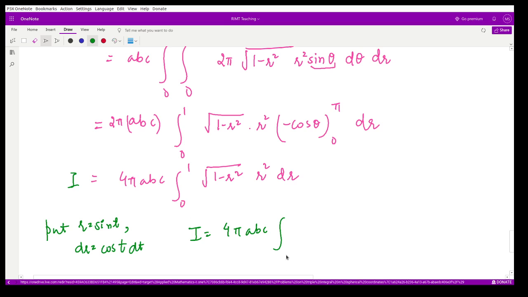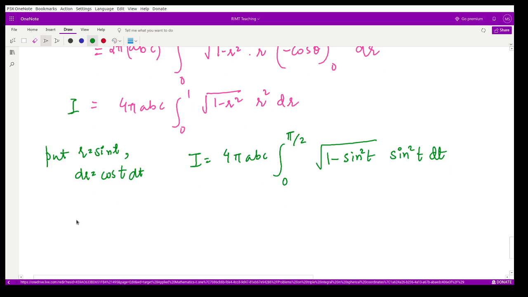So your lower limit would be 0. And whenever your r is equal to 1, your sine t would be 1. So that means your t would be pi by 2. So here we have square root of 1 minus sine square t, and then you have sine square t dt. Okay, so this is equal to 4 pi ABC, and then this is cos square t sine square t dt.